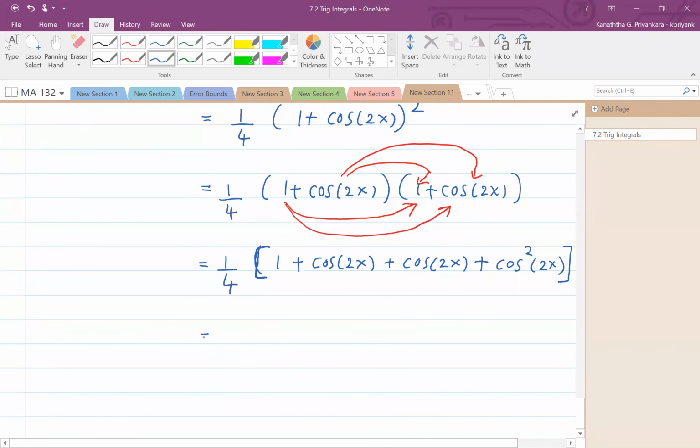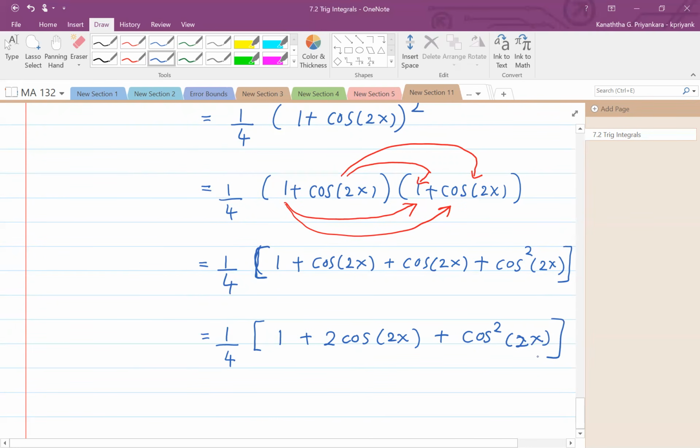So if we simplify, we get 1/4 times (1 plus 2 cosine 2x plus cosine squared 2x).